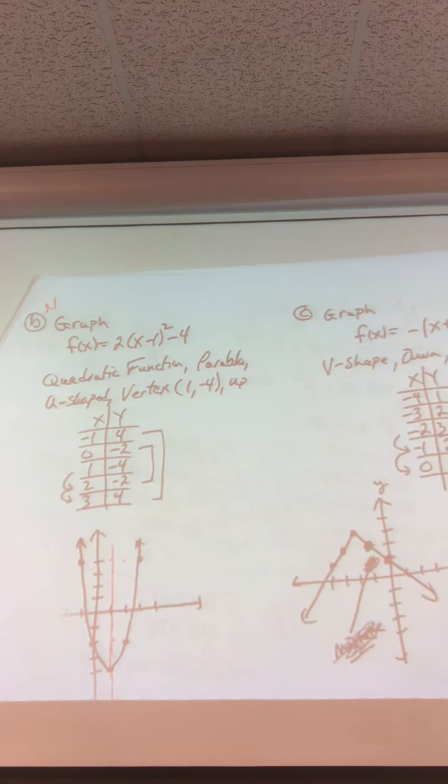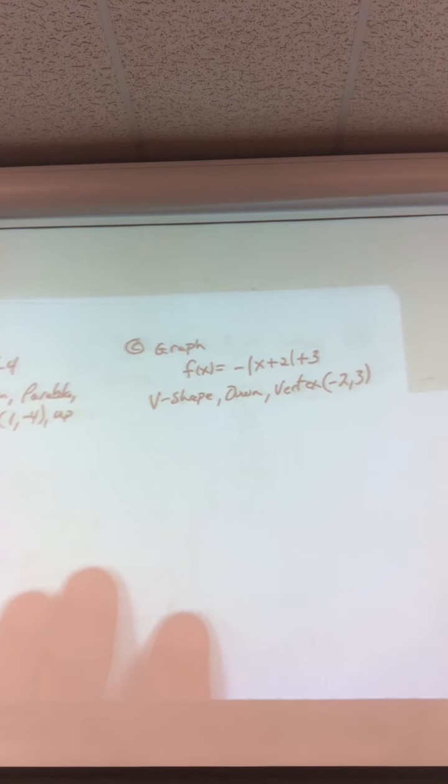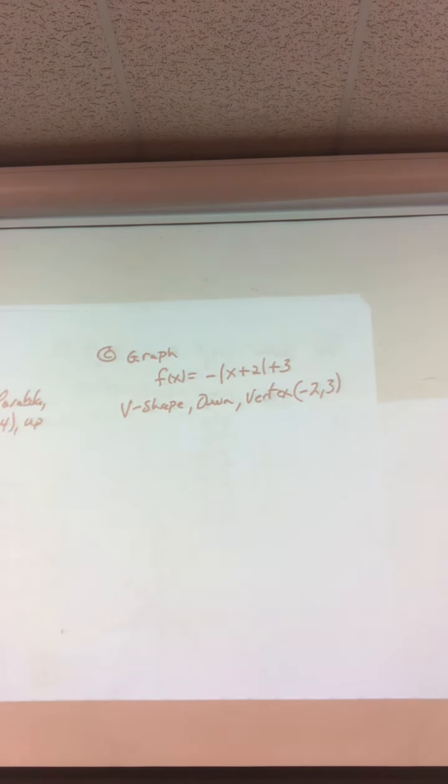All right, now this next one is an absolute value function. It's V-shaped. And this one came from section 2.7. Now, how do we get the vertex?